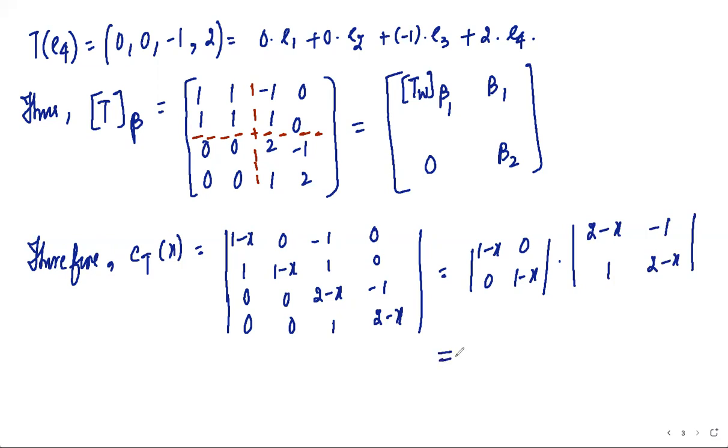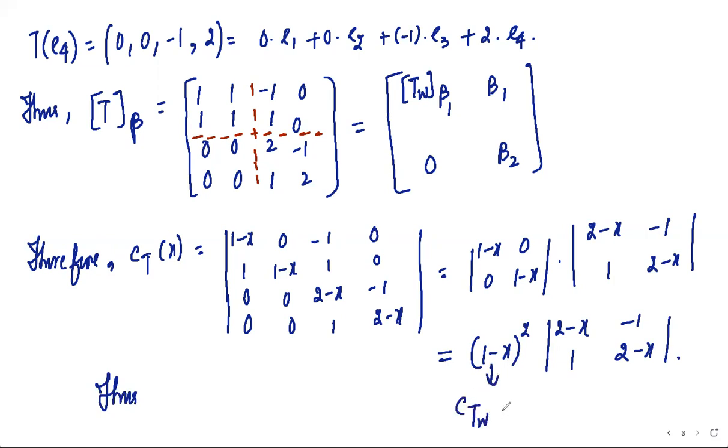So this is equal to (1 minus x) whole squared times the determinant of [2 minus x, 1; minus 1, 2 minus x], and this part is the characteristic polynomial of TW. Thus the characteristic polynomial of TW divides the characteristic polynomial of T.